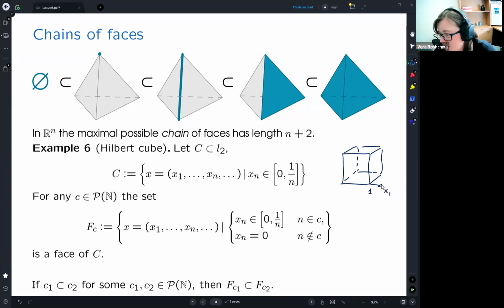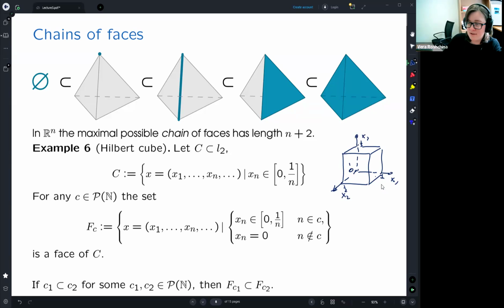Maybe this is x1, x2. I put 0 here. I'm messing up this picture. Put 1 here, 1 and 2 here, 1 and 3 here, and so on.